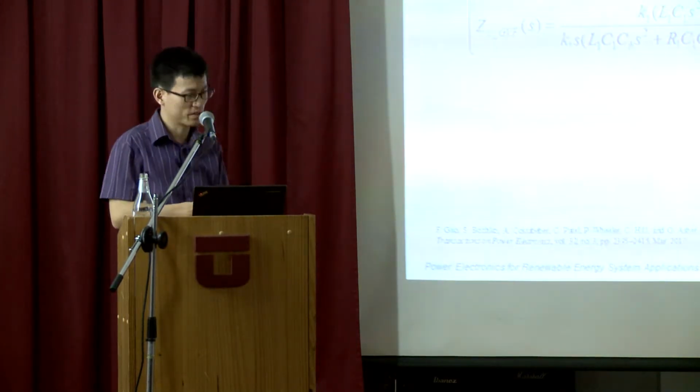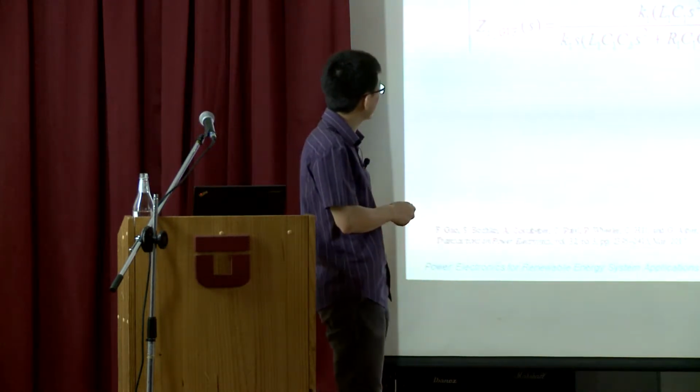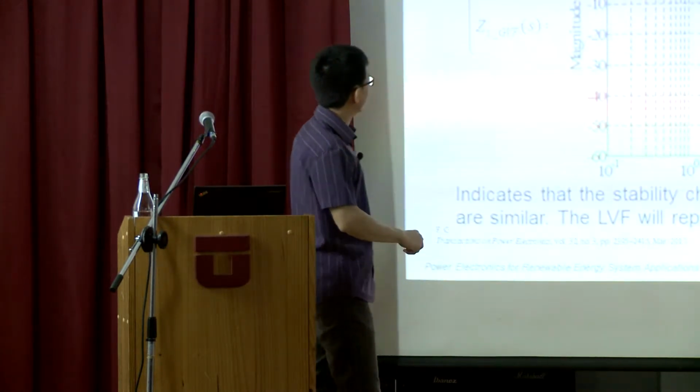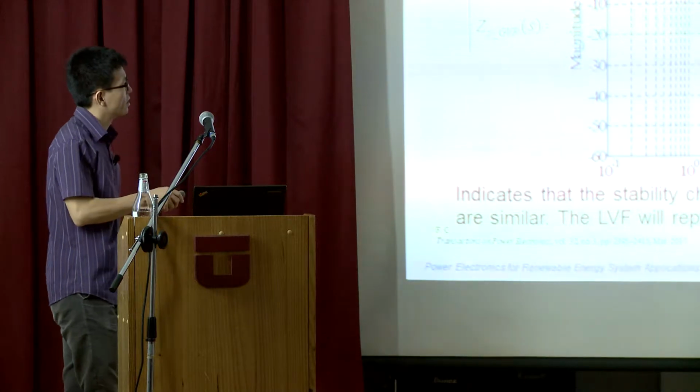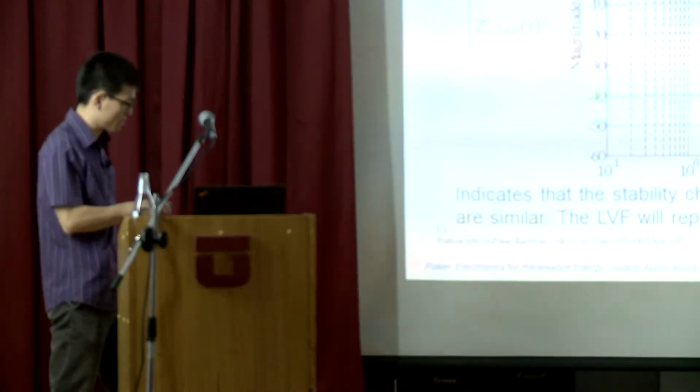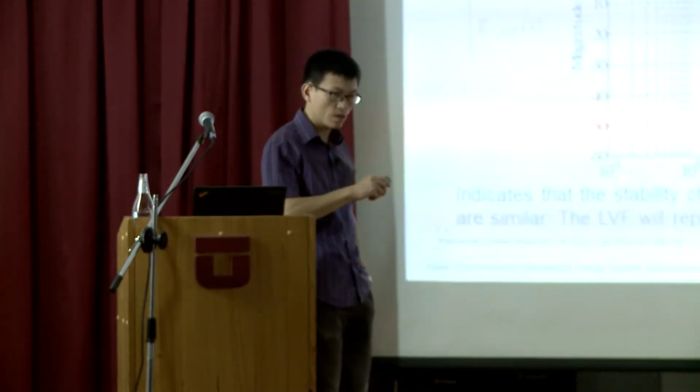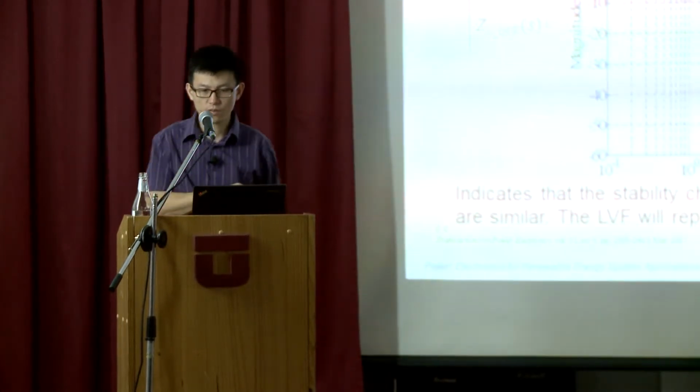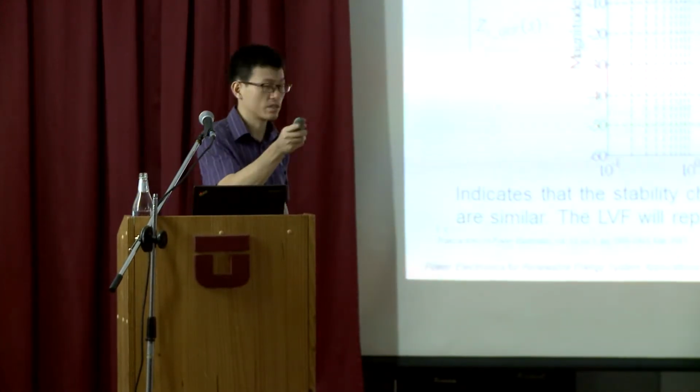But what I really want you to take away is the Bode diagram. This is the source impedance of the two current modes droop control. So this answers Manuel's question.